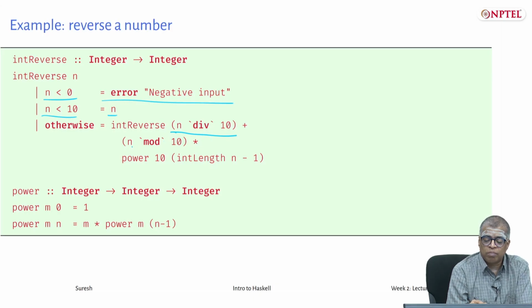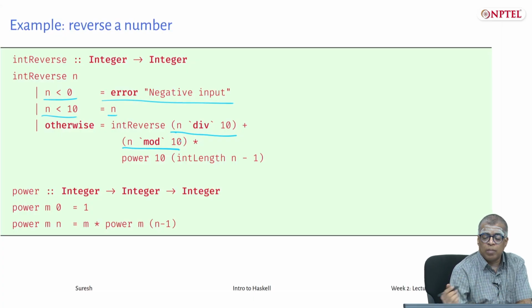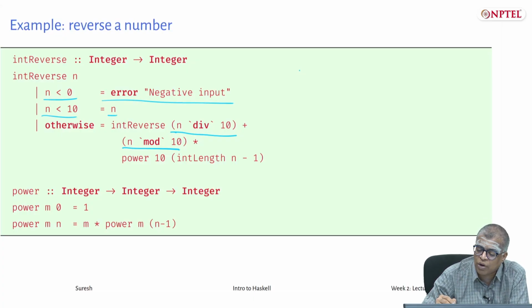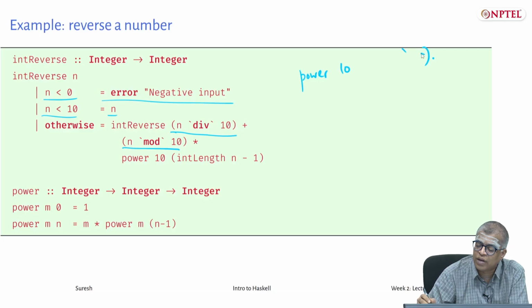Then you want to multiply n mod 10, which is the last digit, by an appropriate power of 10. What is the appropriate power of 10? Remember that you want to compute the power 10 of int length of n div 10.